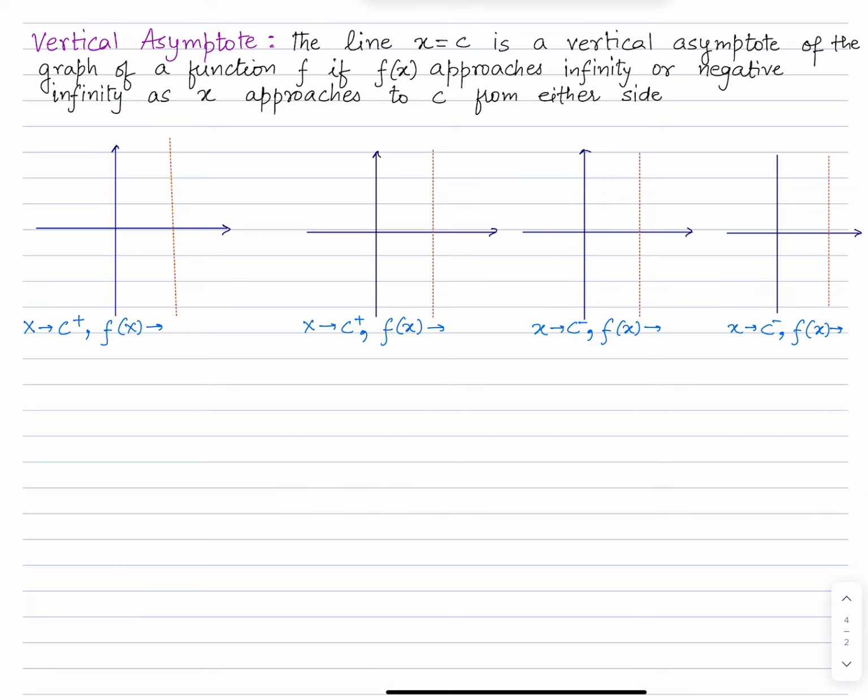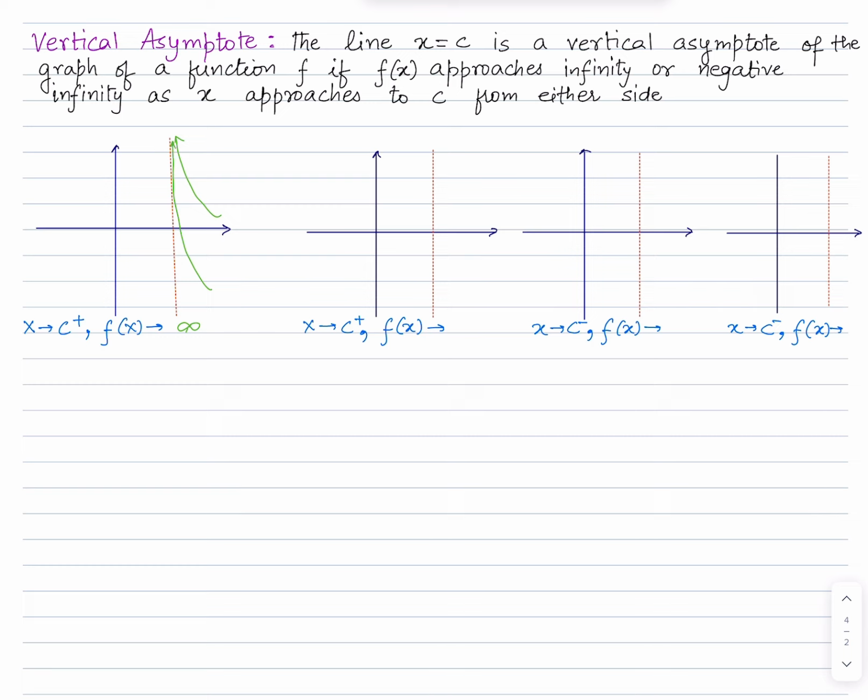Like if we are approaching c from right hand side and our f(x) is going to infinity, c is a vertical asymptote.